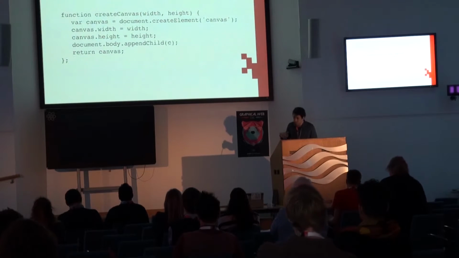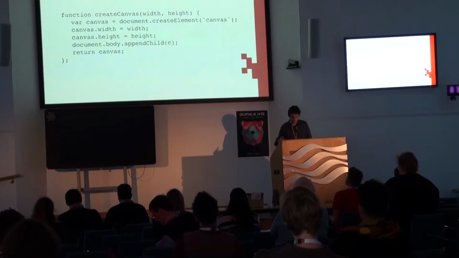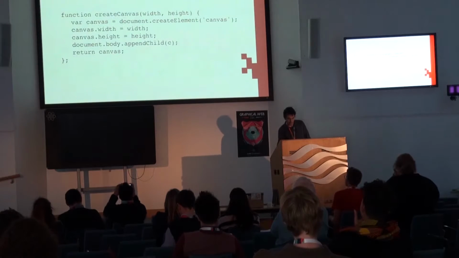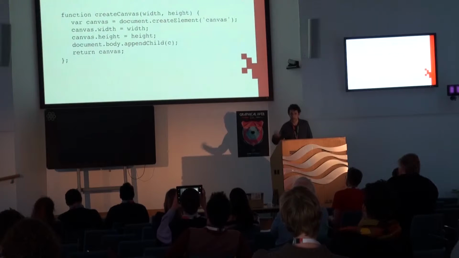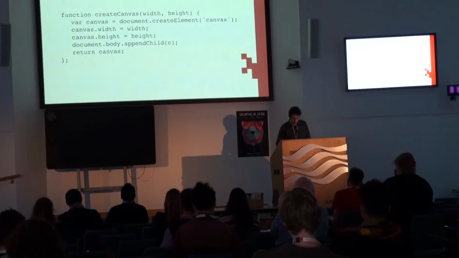Then we create or get the Canvas. There is no pattern in that. Every library, every developer uses a different approach. A developer can create the Canvas in memory, or after that append it to the document body, or consider it already exists and just select it and get the context.